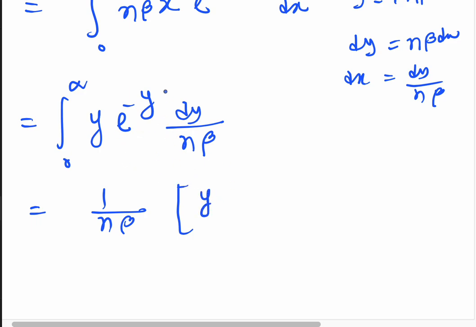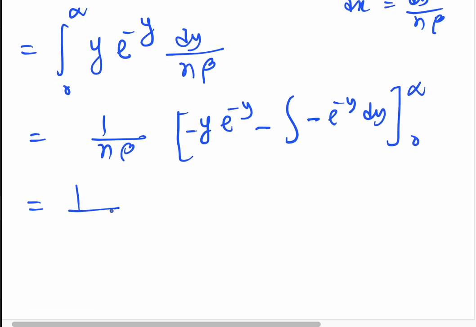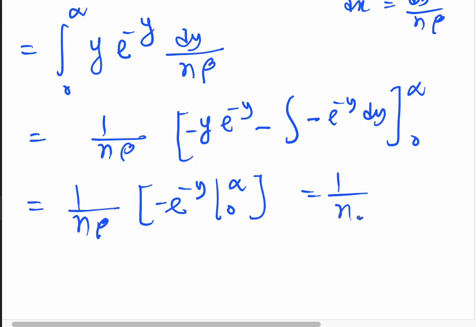First y, then the integration of e to the power minus y is minus e to the power minus y, minus the integral of the derivative of the first term times that, which gives e to the power minus y dy. At 0 and at infinity the boundary term is 0, so it will not contribute. Integrating e to the power minus y again from 0 to infinity gives 1, so the result is 1 by n beta.